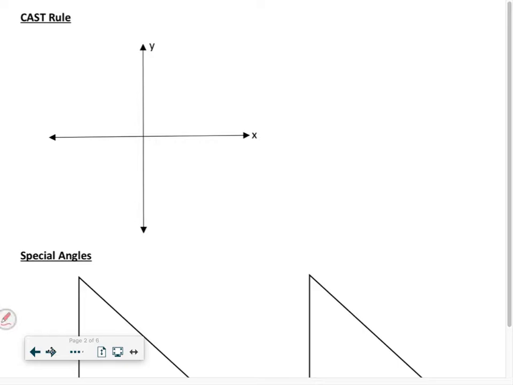The CAST rule still applies: whichever primary trig ratio we have, the reciprocal is also going to follow the same properties. So we're going to have cast, which is cosine here, and 1 over cosine would be the same sign, so that means that secant also goes there.